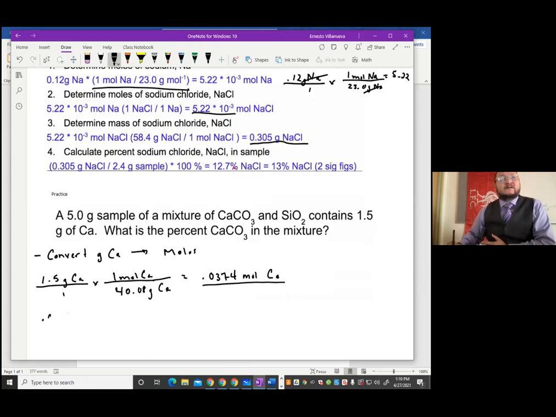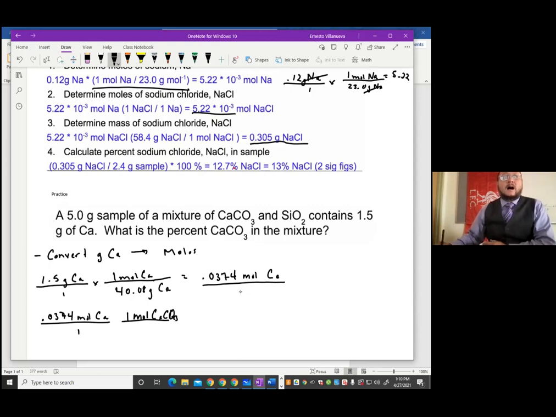If I have 0.0374 moles of calcium, and for every mole of calcium... I keep saying calcium chloride, but it's calcium carbonate.